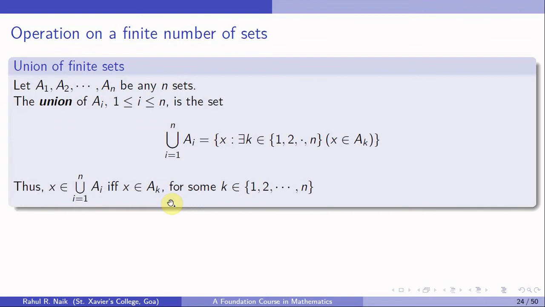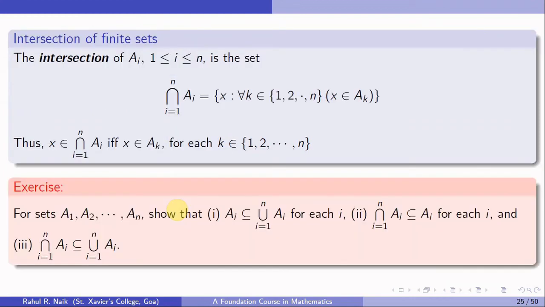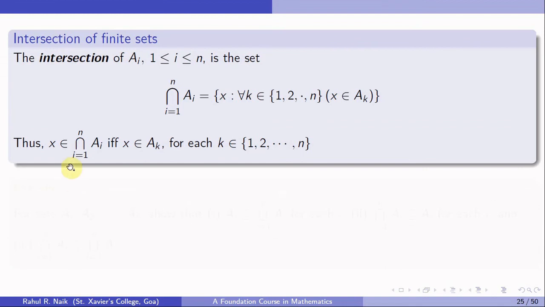So intersection of sets. Again, you know the definition of intersection of two sets. We say that x belongs to A intersection B if x is in A as well as x is in B. Now that term is extended further. If I want to take intersection of n sets, then its intersection will be the set of all the elements which belong to all these Ai, which is in A1 as well as in A2, and this goes on till An.